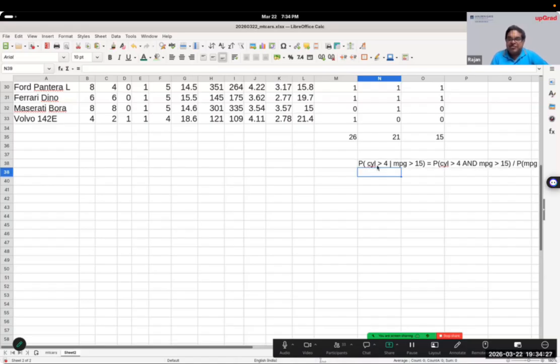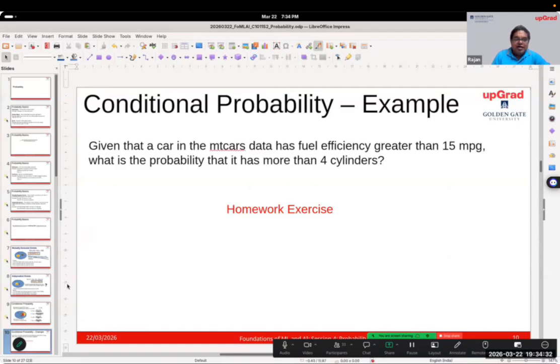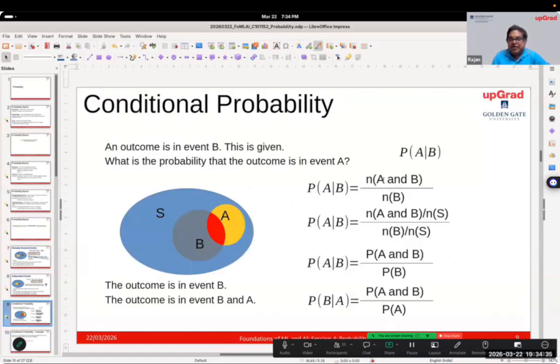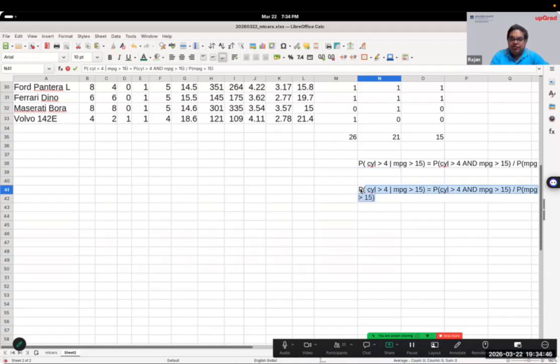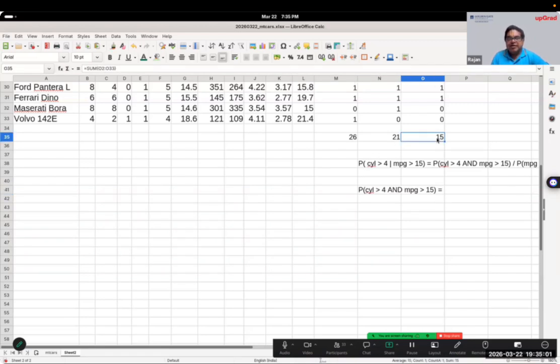Correct? This is our conditional probability. Or we can do this with the numbers, whichever way we want. So what is the probability of cyl greater than 4 and MPG greater than 15? This is equal to 15.